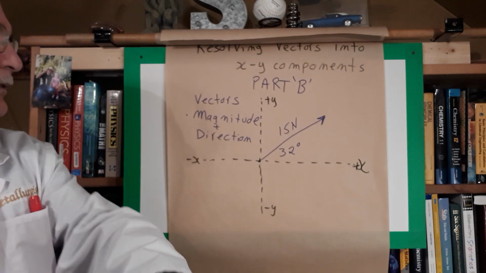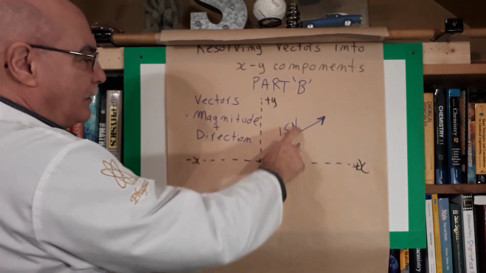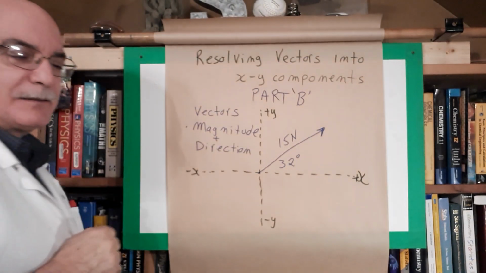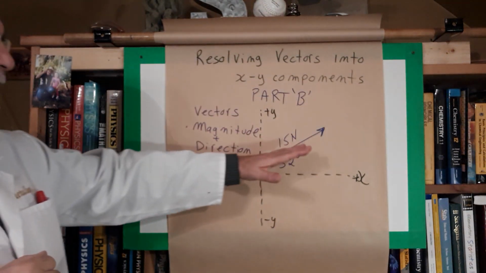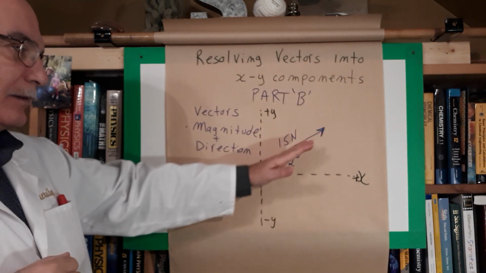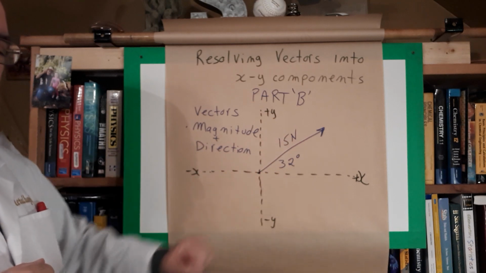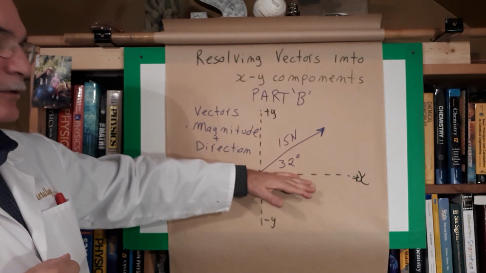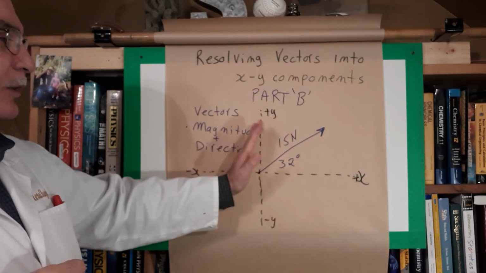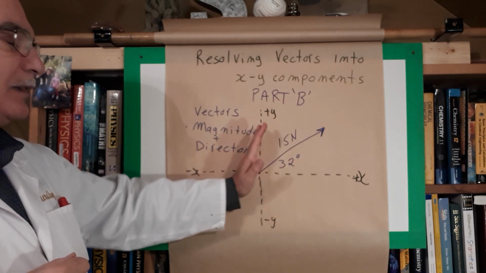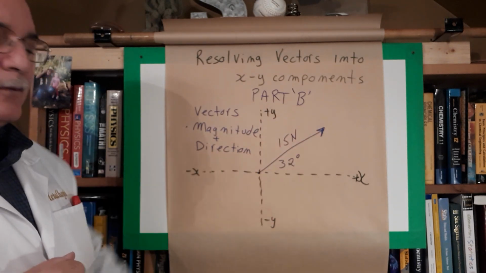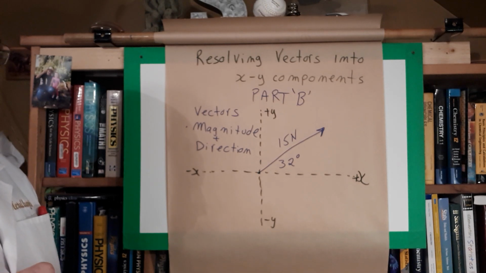And what we want to do today in this video is resolve this into its x and y components. This is done because sometimes an angular force is difficult to work with. It's much easier to resolve it into its x and y components and work with forces completely horizontal, completely vertical, rather than dealing with them at this specific angle.